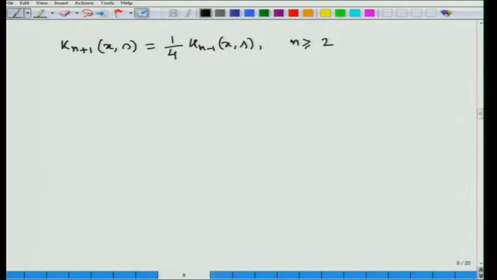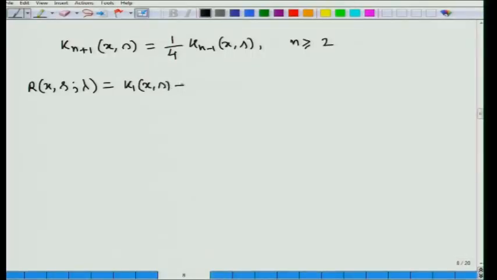So, from here we can write R(x, s; lambda), that means with this recursive relation and with a few initial iterates of the kernel, we can calculate the resolvent kernel R(x, s; lambda) for the given problem.